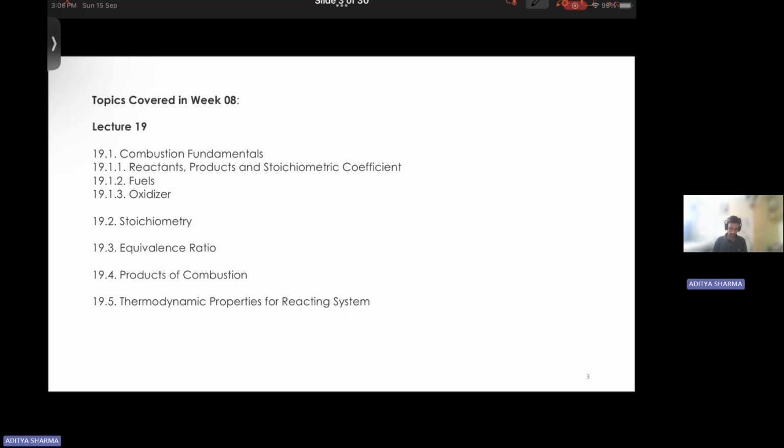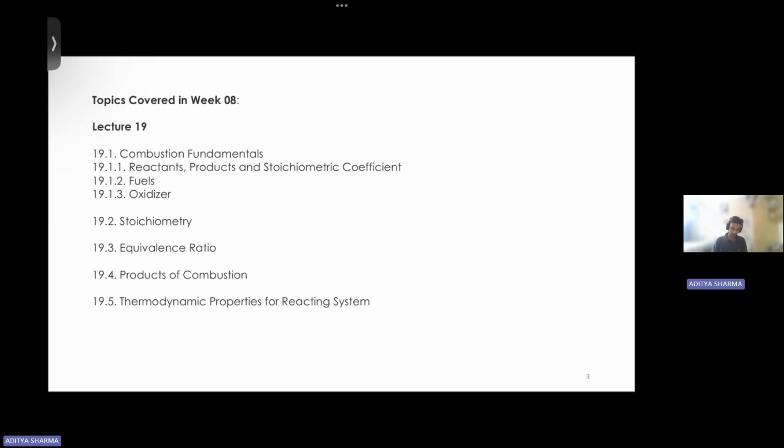So let's just start. The first lecture is lecture number 19. As we have mentioned, the theme of this session is combustion and thermochemistry.